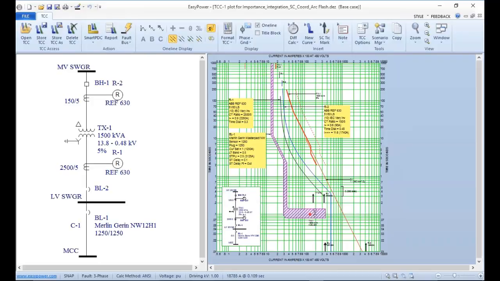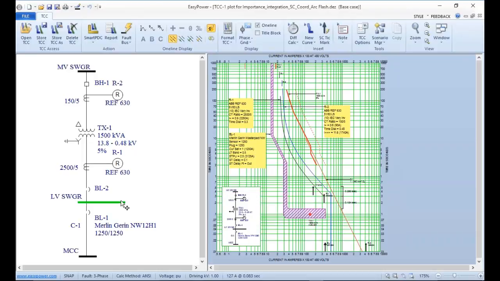If you want to know if they are coordinated, I can put here the values. They are coordinated for bolted fault. But for the arcing fault, it trips very, very delayed. What I'm going to do here is set a second unit with definite time.